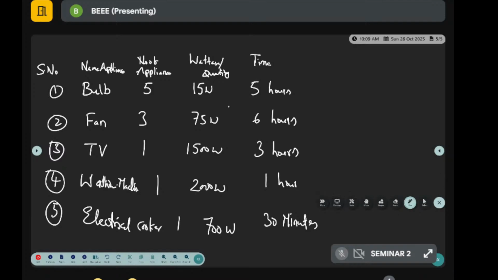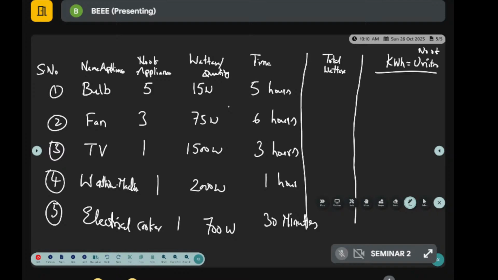After this, total wattage, then kilowatt hour, that is unit, number of units. Okay, so draw the table like this, which consists of this.